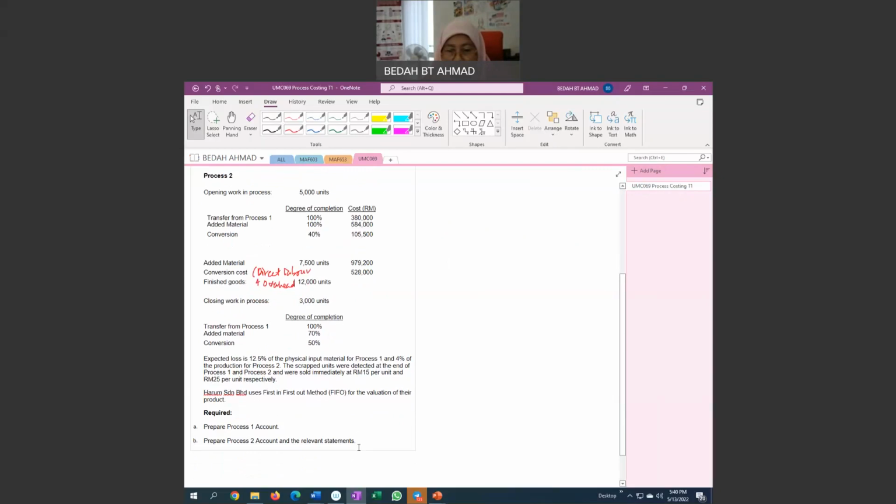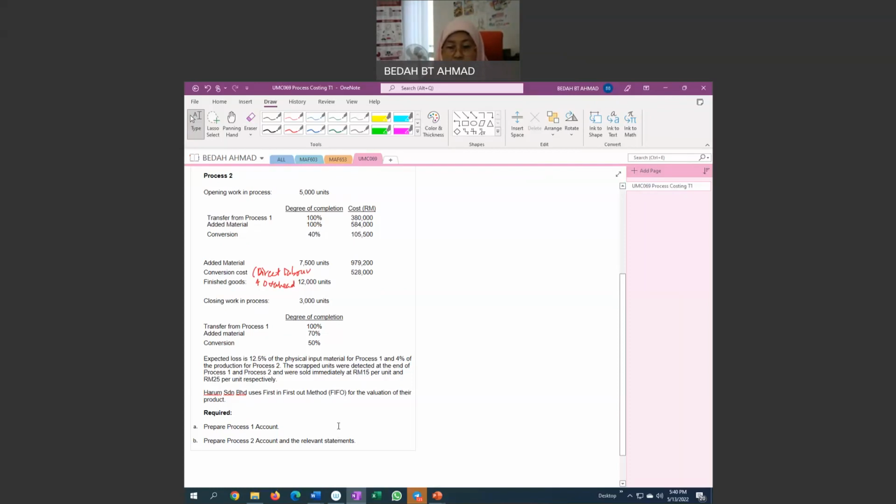Then the information on the expected loss: normal loss, abnormal loss, or abnormal gain, if any. The manufacturer is using the first in, first out method for valuation. For your information, there are two methods we can apply for the valuation of equivalent units: the first in, first out method and the weighted average method.